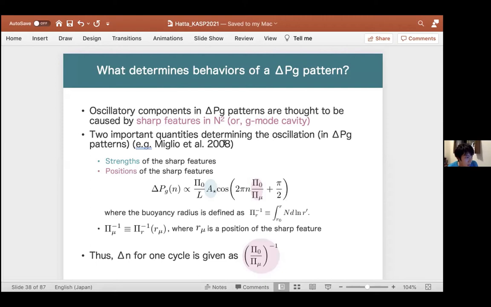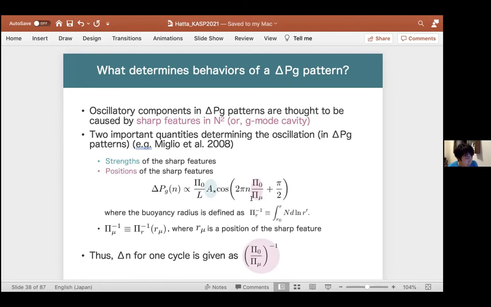For example, Miglio et al. provide us with the explicit form for the oscillatory component in the delta PG pattern like this, with this sinusoidal component. And this A star is related to the strength of the sharp features. As this strength becomes larger, the amplitude of the oscillatory component becomes larger. And as we change the position of the sharp features, the period of the delta PG pattern also changes.